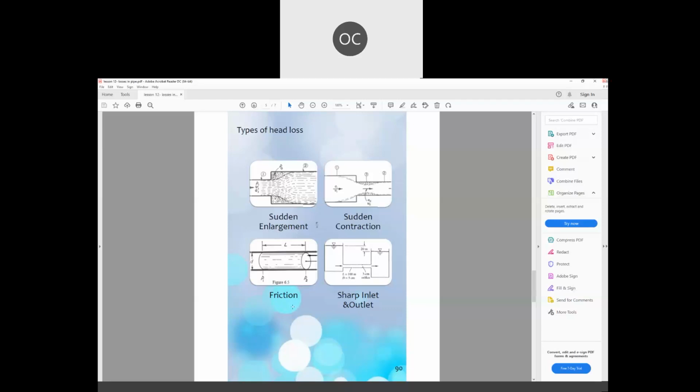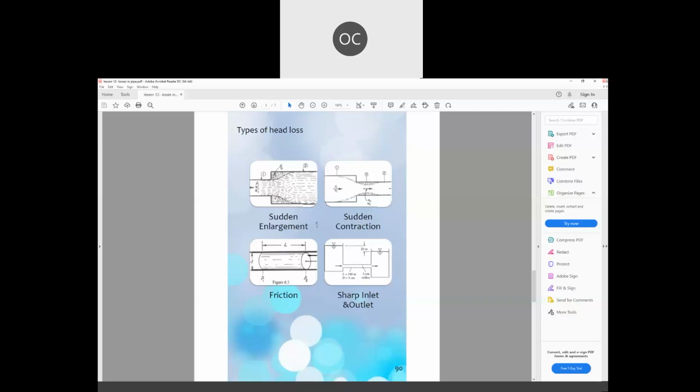Then you have friction. The outlet and inlet will be the same as enlargement and contraction later. I will show you how to correlate enlargement and contraction with the sharp inlet and outlet. The major ones are enlargement, contraction, and friction loss.